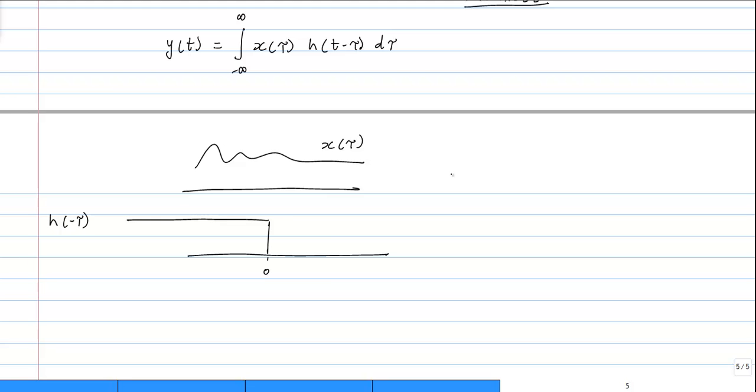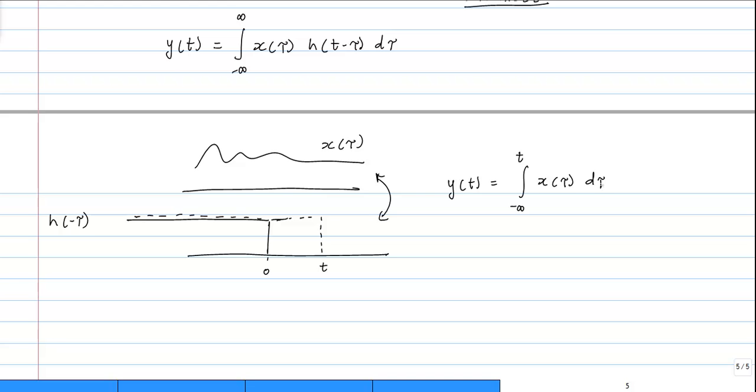To compute y of t, I need to shift h of minus tau by t units to the right, in which case I will get some function which looks like this. And then I have to multiply these two signals and then integrate them. When I do that, I get y of t to be the integral from minus infinity to t of x of tau d tau.